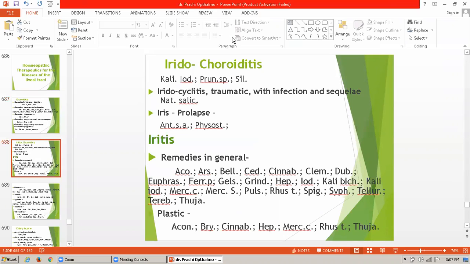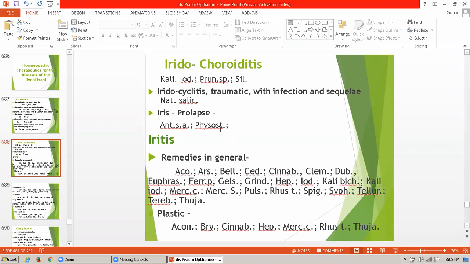In iridochoroiditis, Kali iodatum, Prunus spinosa, and Silicea can be used. Iridocyclitis, traumatic with infection and sequelae, then Natrum silicata is used. And for prolapse of the iris, Anti-mucid and Physostigma are used.